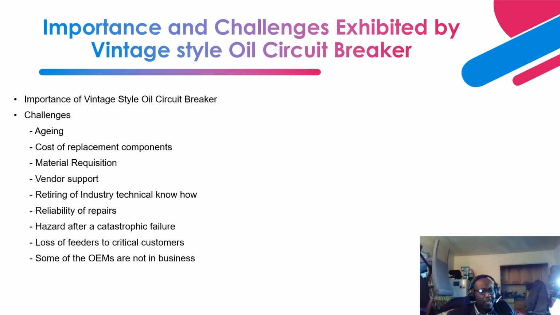Next is the reliability of repairs. Like I made mention, sometimes an oil circuit breaker will trip or fail to close. You implement the required repairs per the instruction manual.